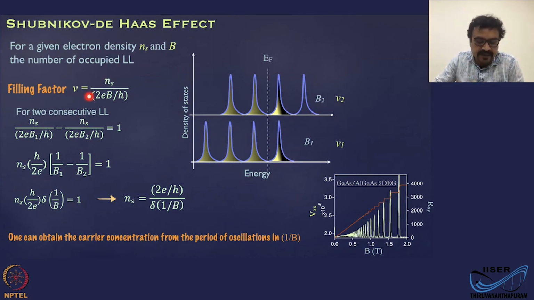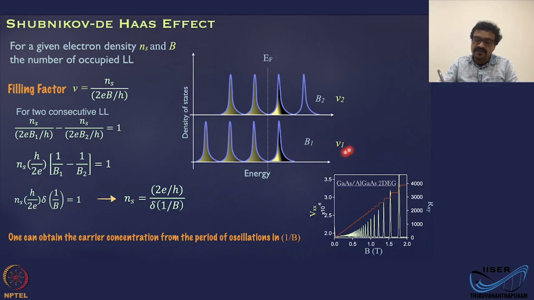So we have the filling factor given by this formula for a given electron density ns and a given B field, that is the number of Landau levels occupied. And now I have snapshots of the Landau levels for two different B fields, B1 and B2, okay, where B1 is less than B2.